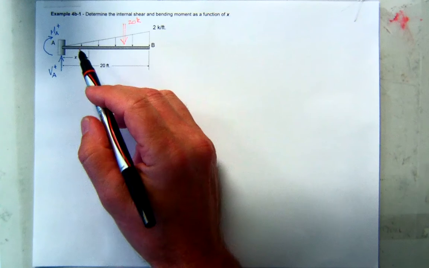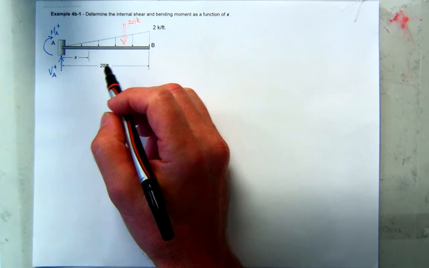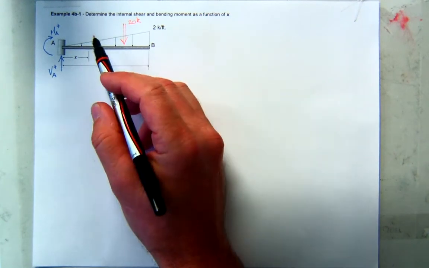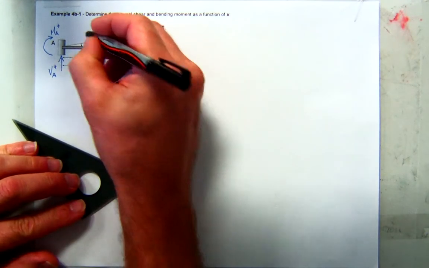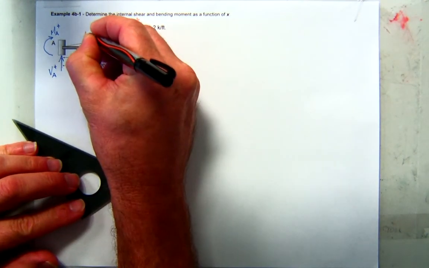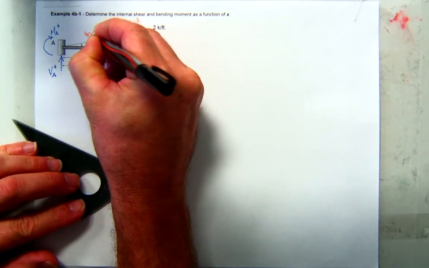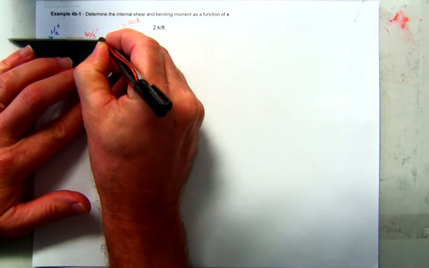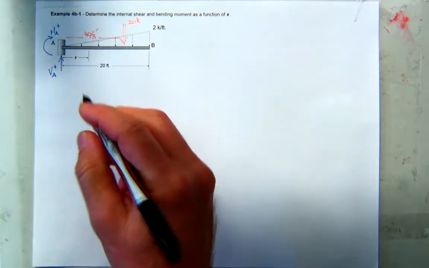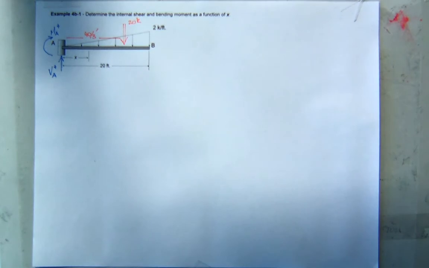I think either way, 1/3 of 20 feet here or 2/3 of 20 feet. So I'll do it that way. I'm not going to write the fraction. So 2/3 of 20 is 40/3 feet. 40/3, 2/3 of 20, right?